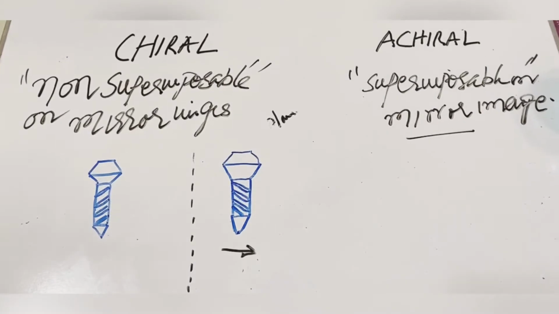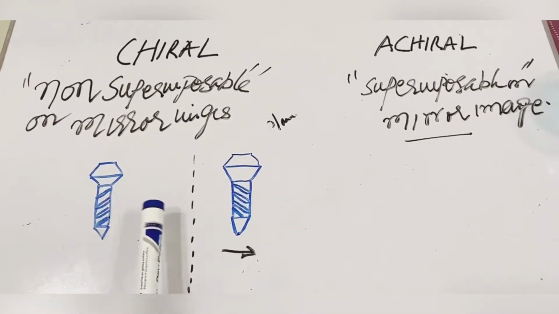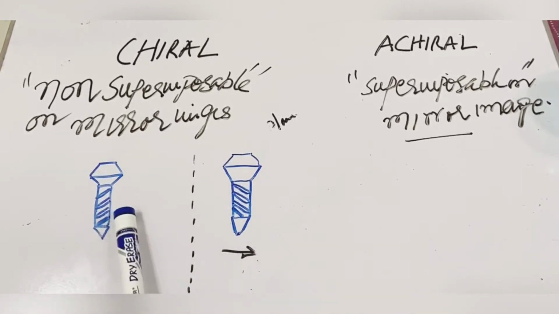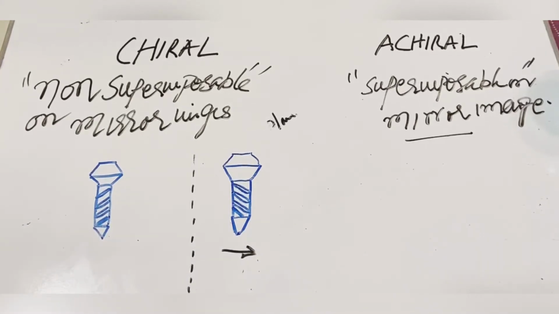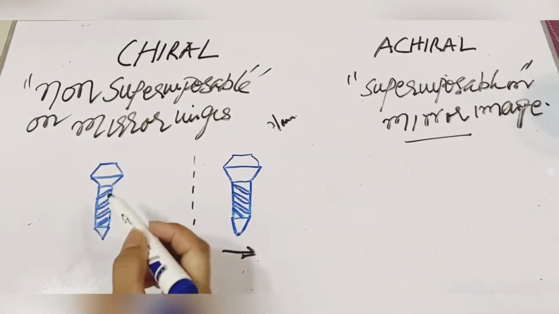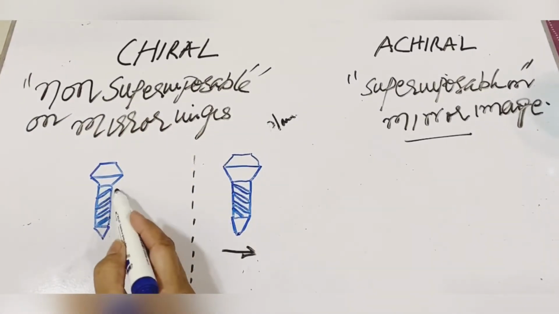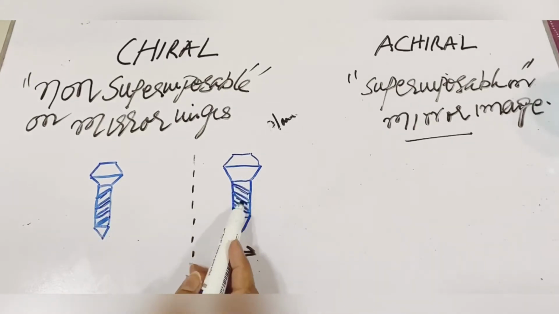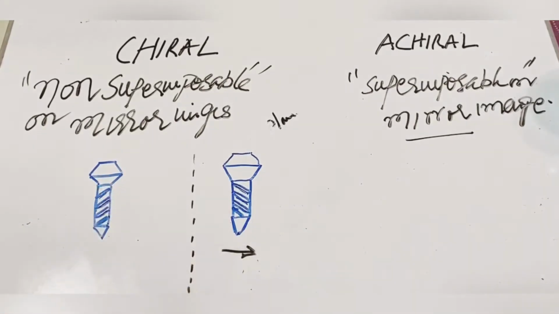Well, this is again a nail, right? And its mirror image. Now here, when you are going to superimpose it, definitely it's not going to coincide, because when you put this nail over the top of this nail, the direction of the springs over them will be at the opposite side. So they are not at all superimposable.